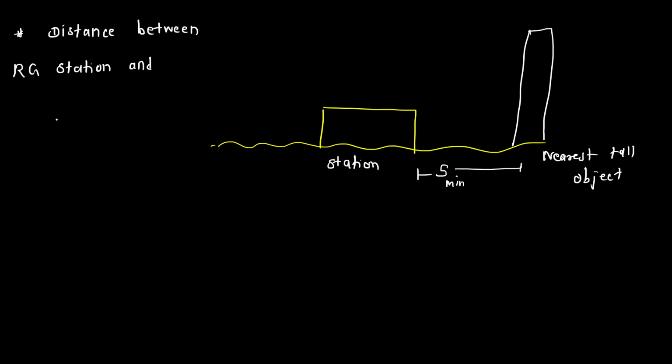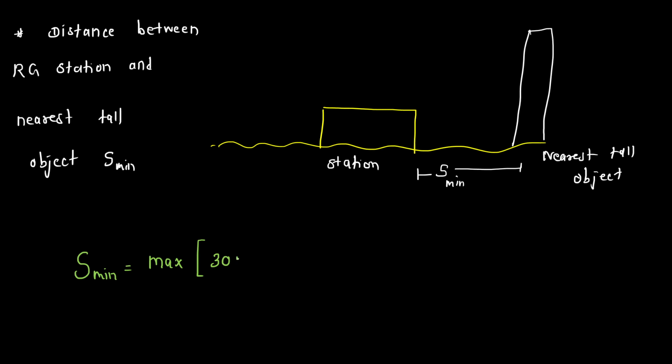So distance between the rain gauge station and the nearest tall object, that is S minimum, it is equal to the maximum value between 30 meter or 2 multiplied by height of the object, or we can say height of tall object.